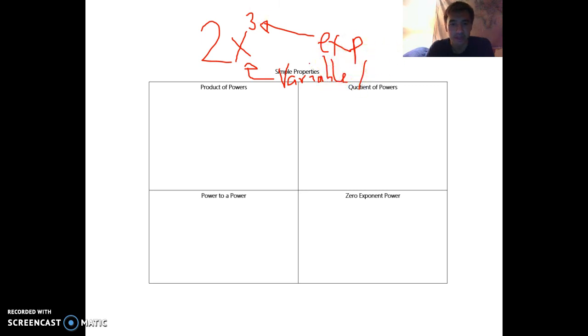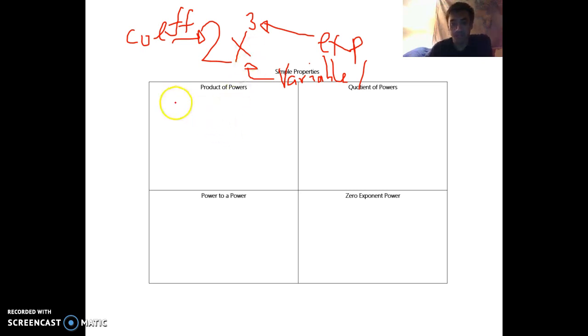This, our friends we talked about today in class, is our coefficient. Coefficient. Okay. These are our basics. We have to know these before we actually jump into our properties.